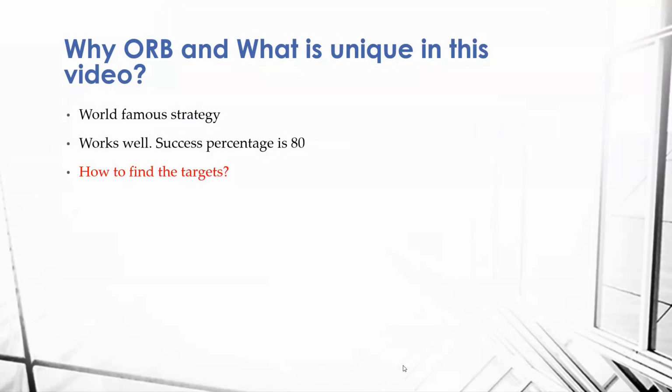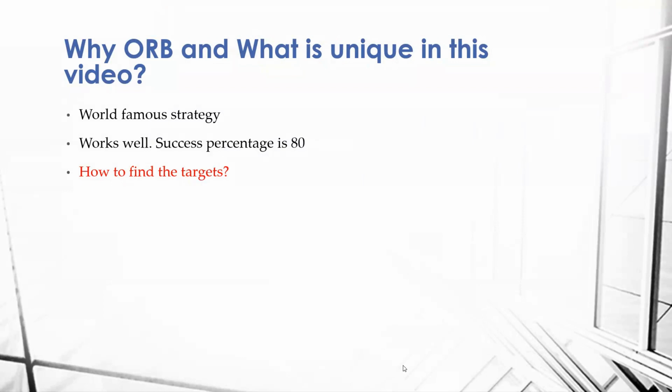Then the major difficulty or challenge in this ORB strategy is finding the targets. When it breaks out, how far will it go? What is the target? What is the safest target, and what is the risky target? Not everyone has the guts to take the risk, so based on risk levels, that's very important.